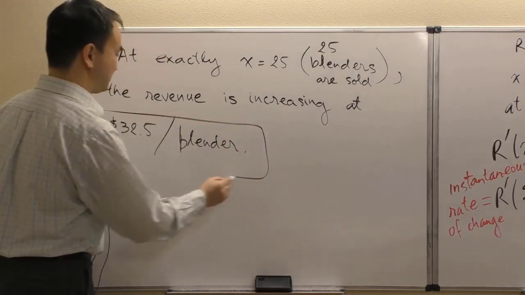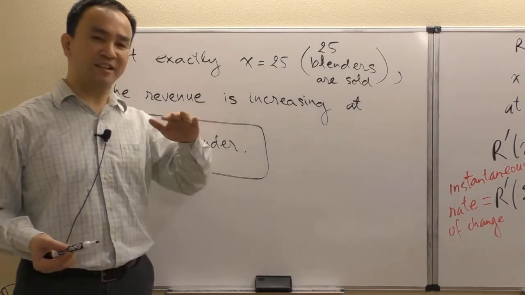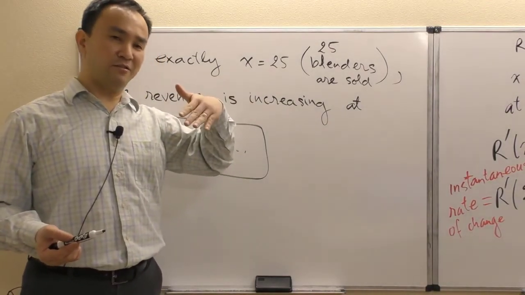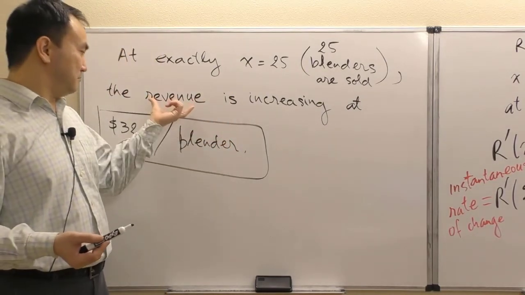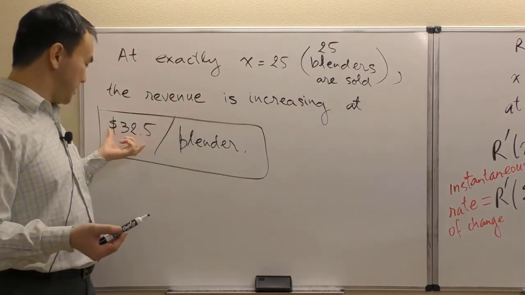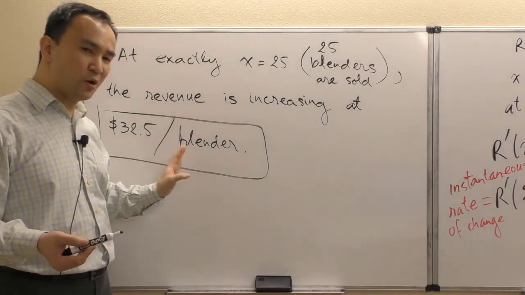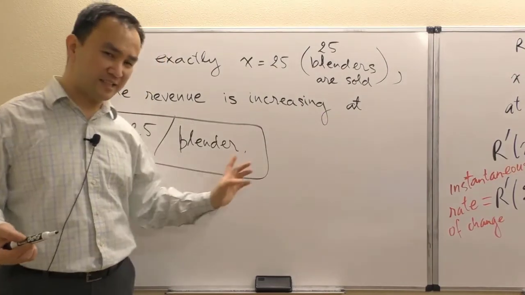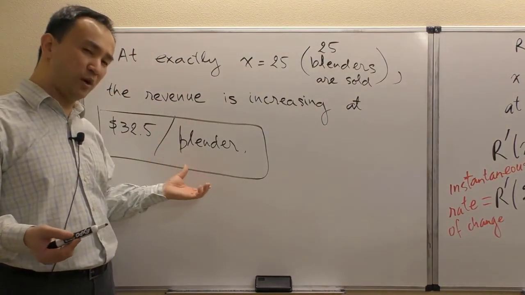And the revenue is increasing means, expectedly at that instance, that our company, our store, is gaining revenue at 32.5 per blender. But do not assume that this is going to be the same for the rest, because as I said, this is instantaneous. It's only happening when x equals 25.